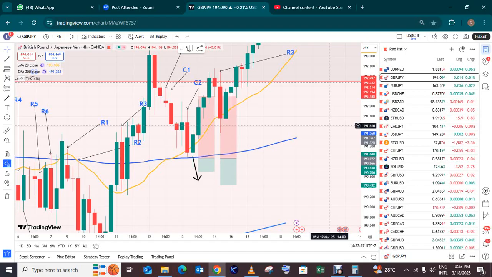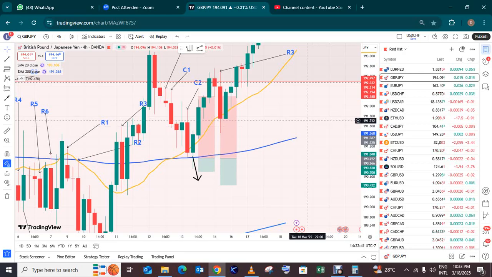While the PSL, as I said before, is a psychological zone or level where if the market gets to it and breaks it, it means the market really wants to change hands. When I set it on the PSL and the market gets there, it's a sign that the market really wants to keep going further up.